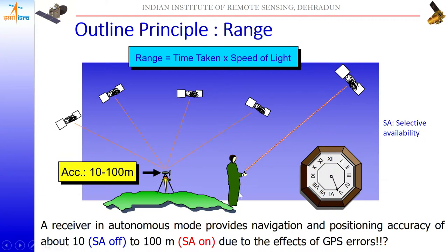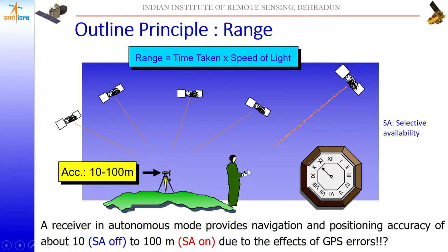For instance, a human is standing here and tracking this satellite navigation data. This is called one-way travel time.